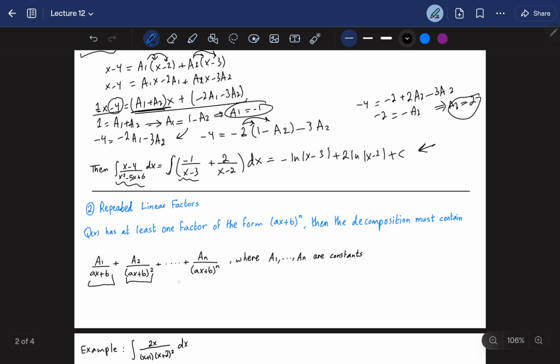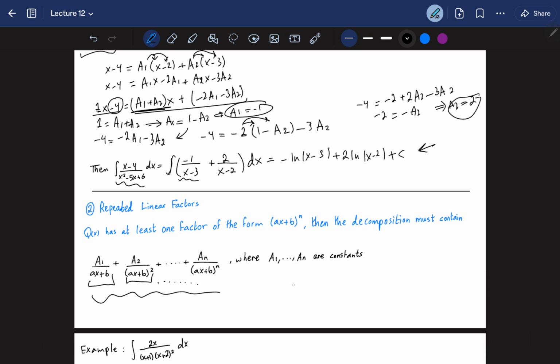So I'm going to repeat it as many times as my factor is repeated, with a fraction that's going to represent it.